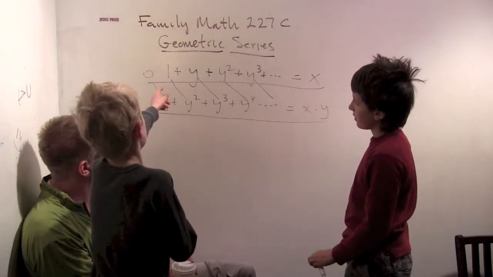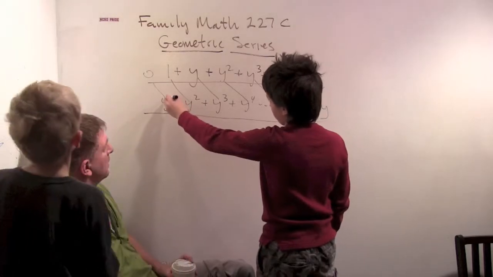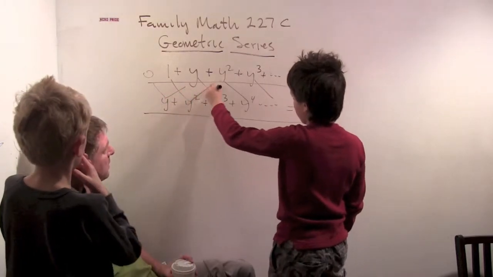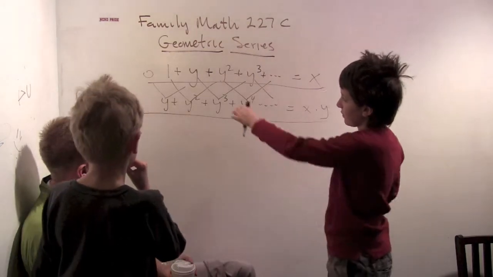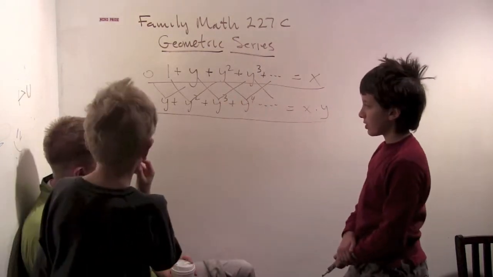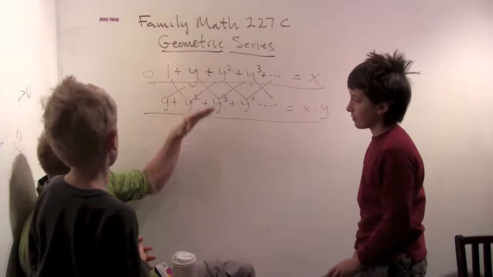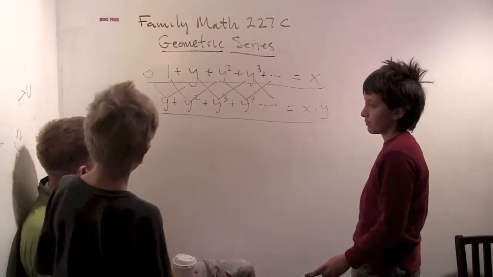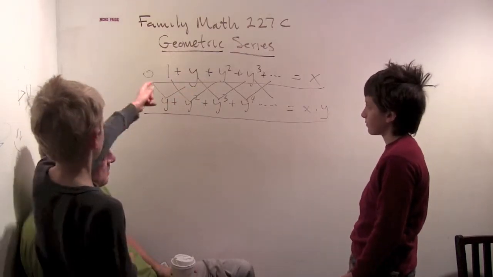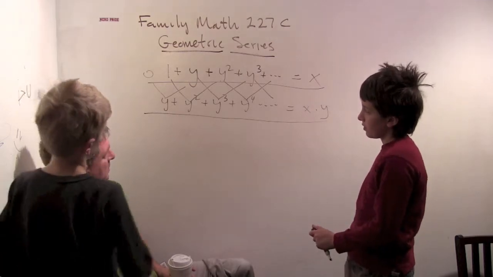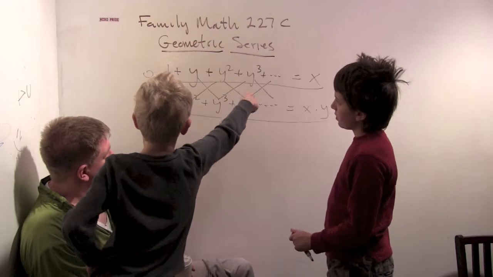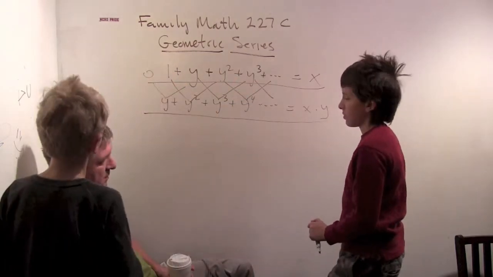Actually, you could subtract this way, because you have the same terms. I'd like to pair up those terms. So then all you get left is 1, because you're subtracting away these terms and you have 1 left over.